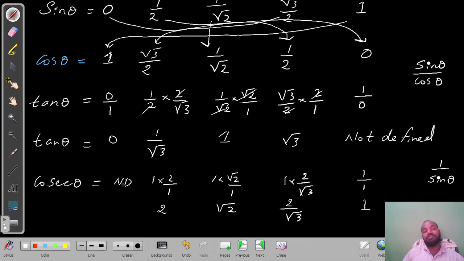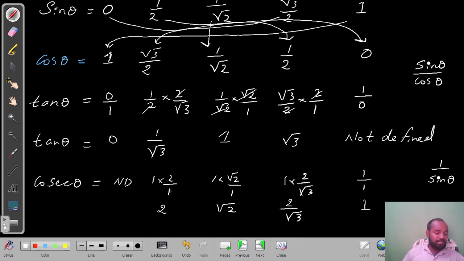What we are doing is just deriving one sine value, then using the formulas we are finding the other remaining ratios. Yes, it is very clear. You can check in the textbook also. Here I am checking the values. Cosec 0 degrees is not defined.